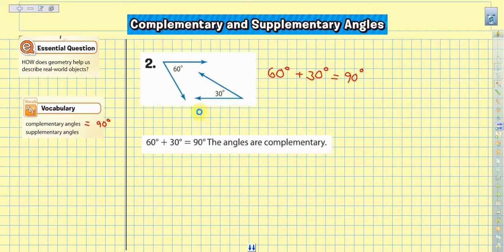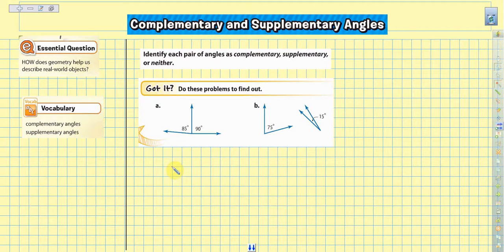So these two angles, the 60 degree and the 30 degree, are complementary. So right now we're just identifying angles, very similar to acute and obtuse, and labeling them. This is just two other items that we're adding to our vocabulary list.